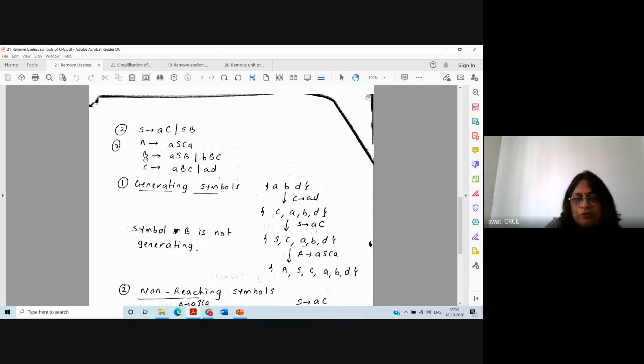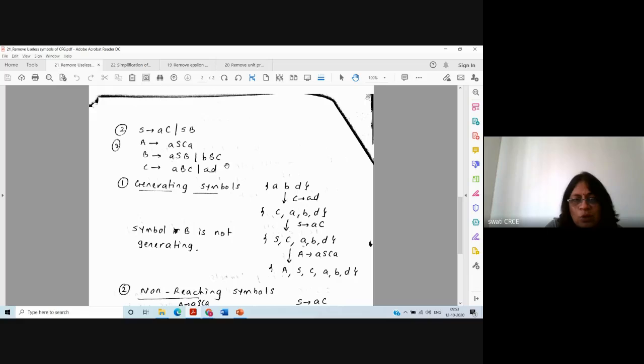Now for B we have to check. B is equal to A S B. All three symbols of this rule, A, S, and B, are not in the set, so B cannot be added because of this rule. Check the other rule: small b is there, capital C is there, but capital B is not there.